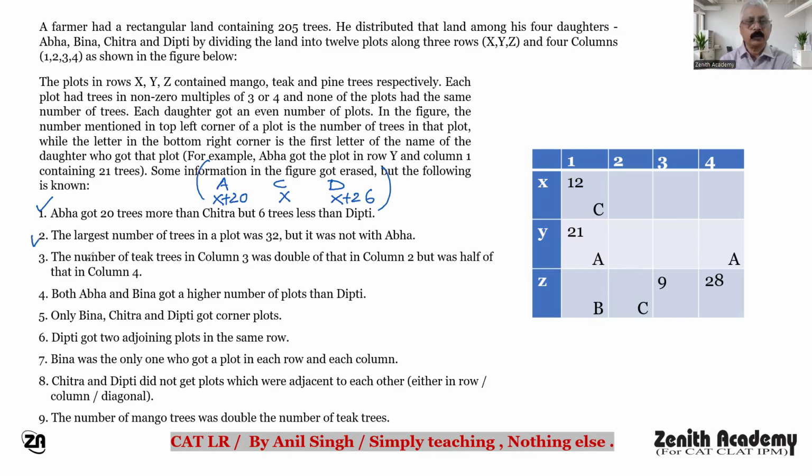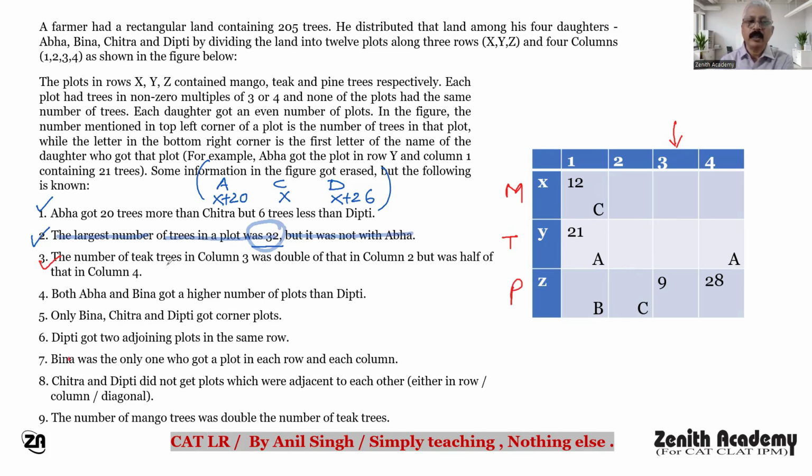Now see condition number 2: the largest number of trees in a plot was 32, but it was not with Abha. This information will be useful later.